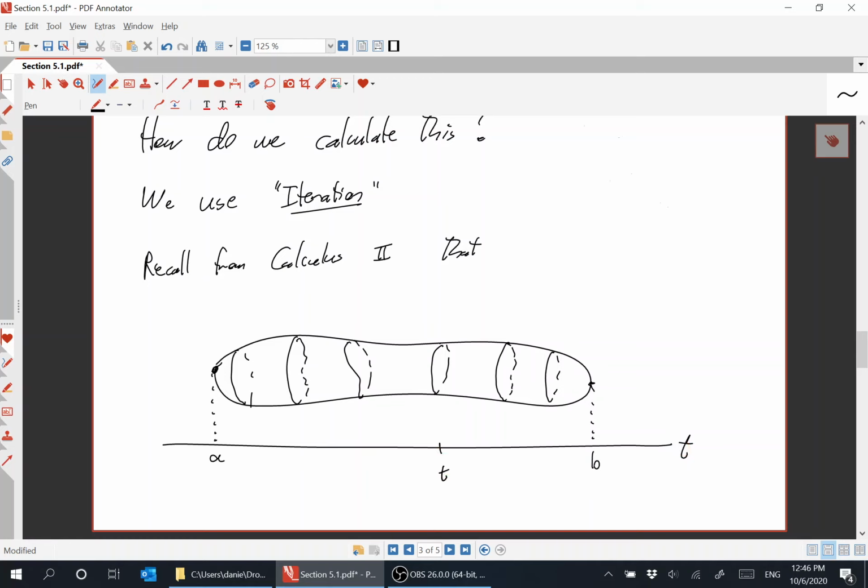And then at t itself, the cross-section of this solid has area a of t, some function of t. So the cross-sectional area perpendicular to the t-axis has area a of t.